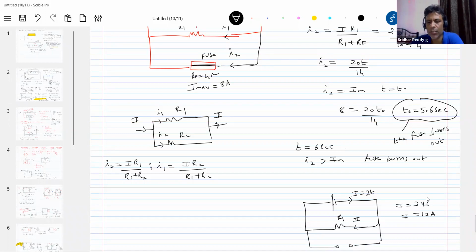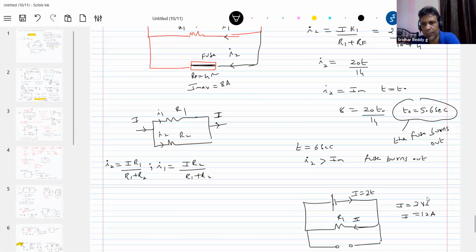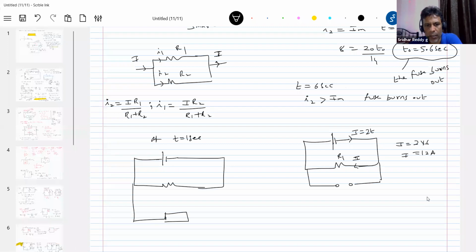Now next it's asking at t equal to 1 second. What is the state of the fuse? Will it be there or will it burn out?